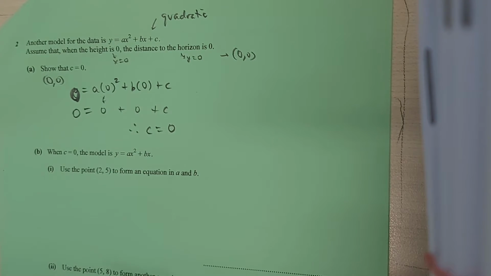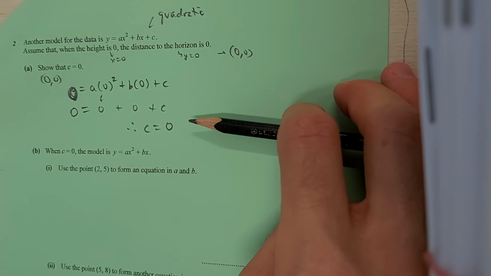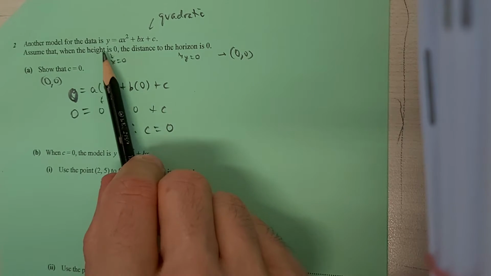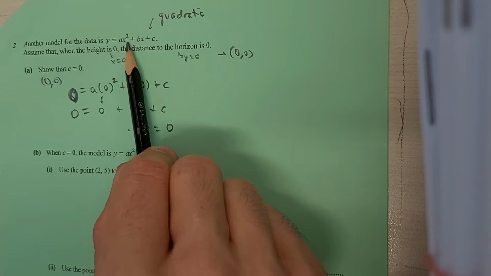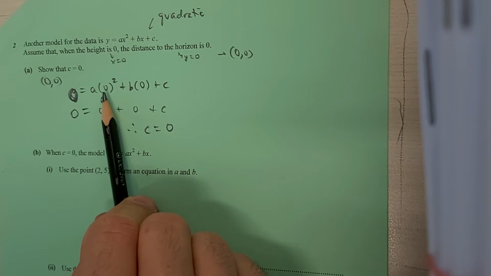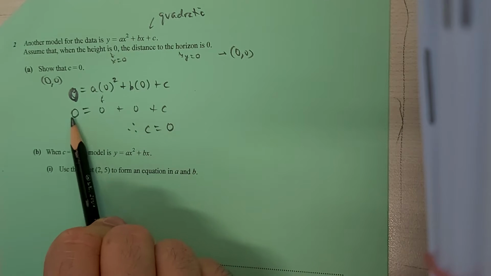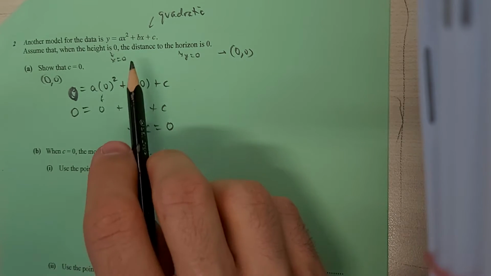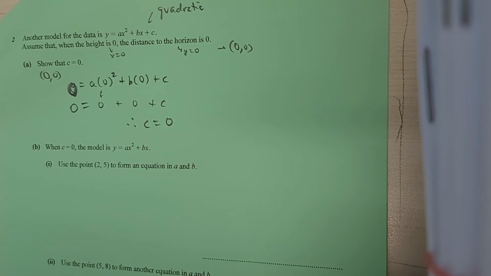I wanted to make sure that I did some working that would help to finish with c equals 0 as my conclusion. So I need to translate this into a point. I'm going to substitute that point into the general equation for the quadratic. And when I substitute all of that in, c simplifies to show that it's equal to 0. So I wouldn't use c equals 0 in any calculation. I want to finish with that as my conclusion.